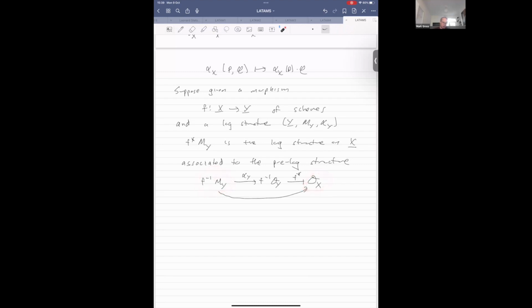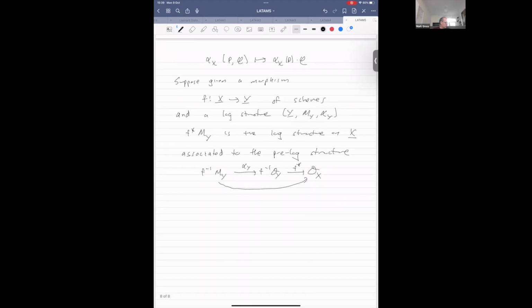It may not define a log structure, so we have to take the associated log structure. Okay, so this I think is always somewhat difficult to understand what's going on. I want to be honest with my definitions, which is the main reason for giving it at the moment. The main point is I want to now restrict the type of log structure I'm considering.